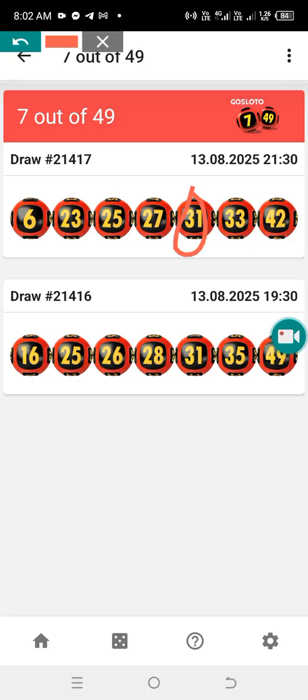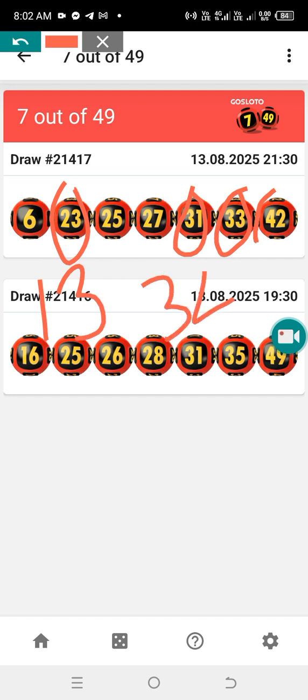13, 31, 33, 23 is there. 13, 34, which plus or minus 1, we have 33. They did spin 13, which is sitting there. Plus or minus 10 is 23 on 13.